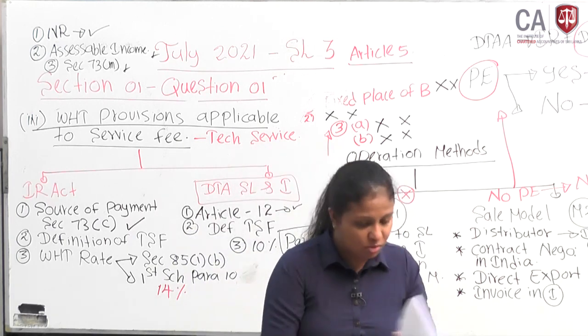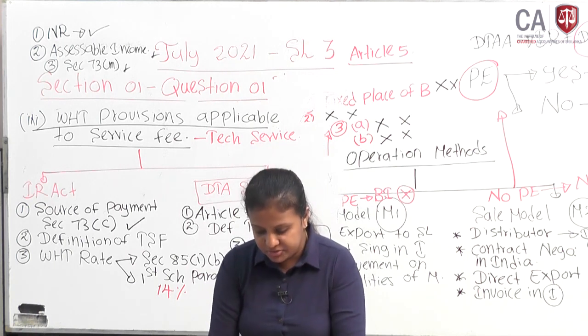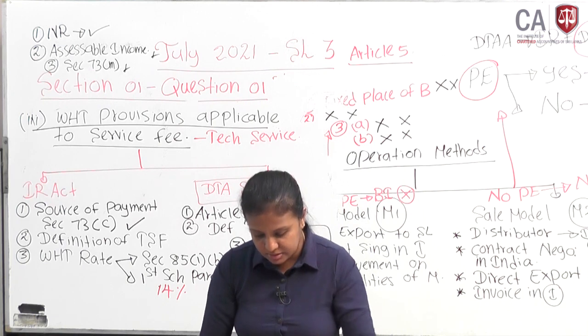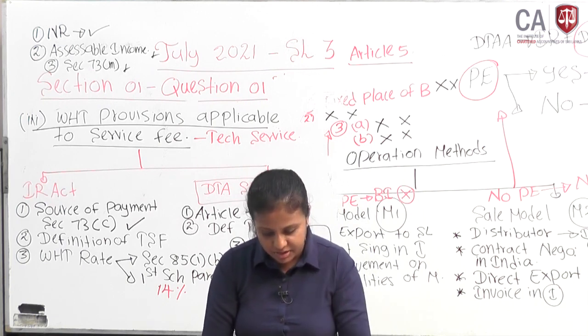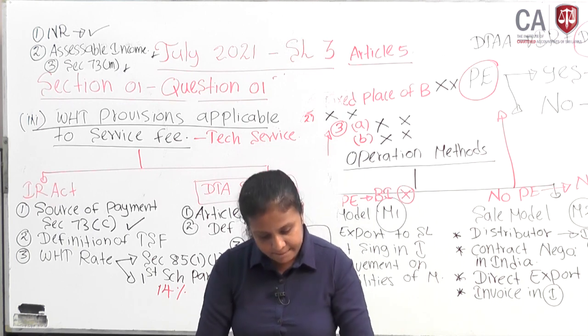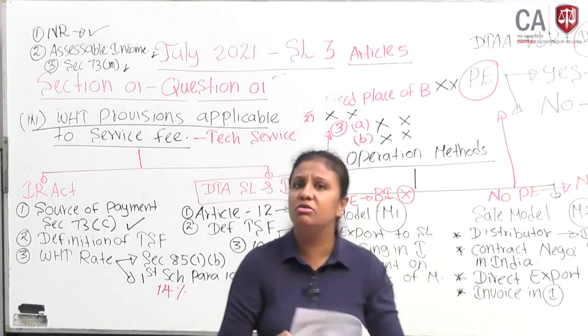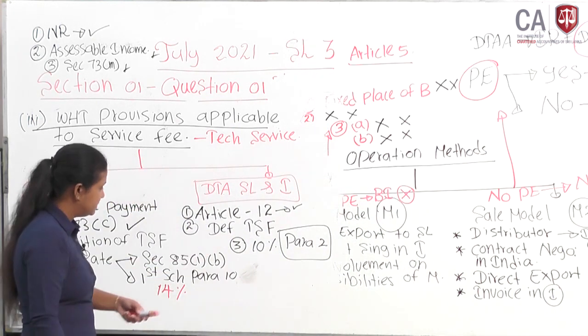In the paper, if I am not mistaken, for all the treaties these particular articles are provided: Article 7, Article 5, and Article 12. Then you only have to apply them. Then it is 10%.